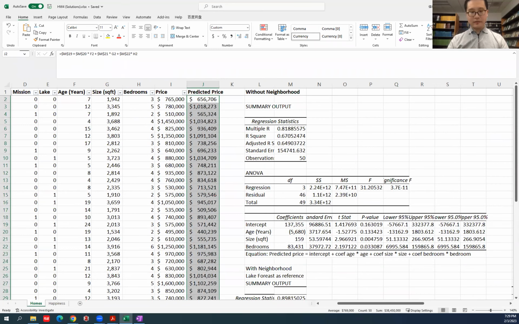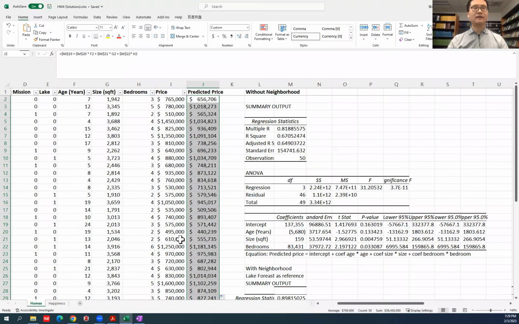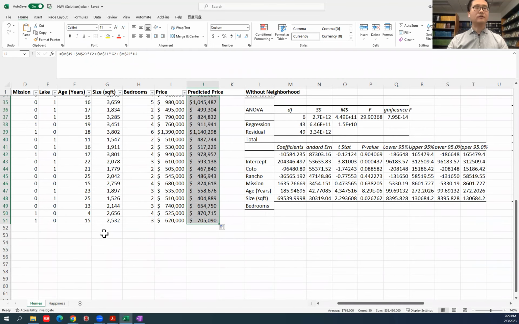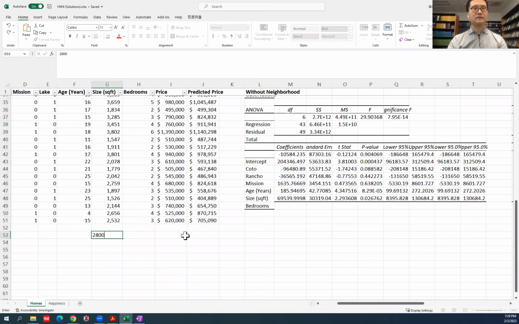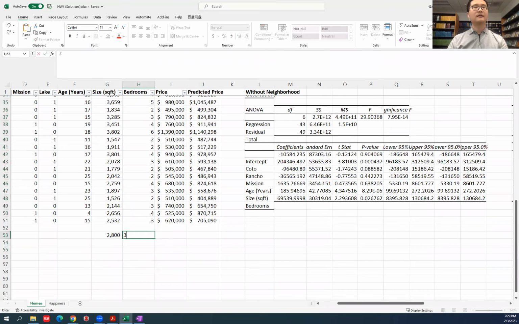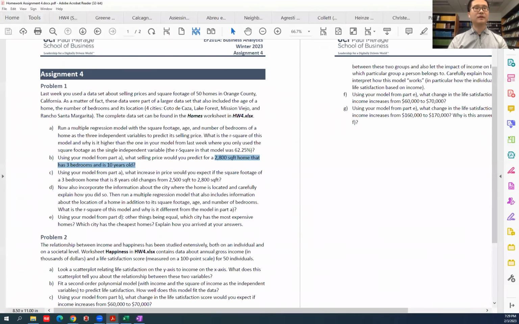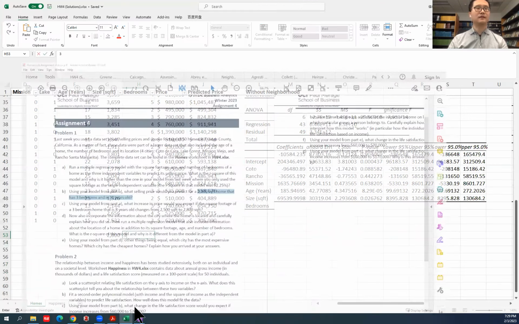Then using this principle, we could calculate what happens to a house with this much of predictor value. So we simply supply the required value of the size of house, number of bedrooms equals 3, and the age of the house was 10 years old.